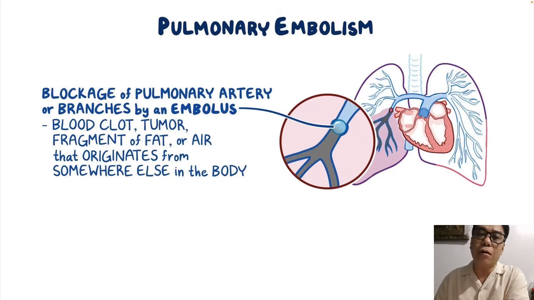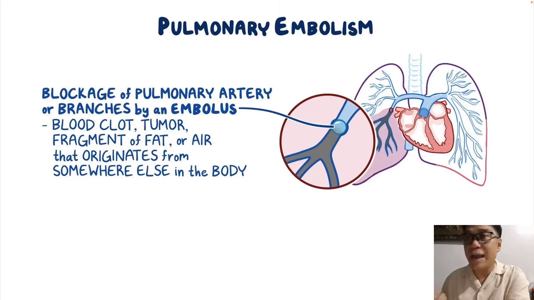In terms of body temperature, it could also be affected. Usually, if you have pulmonary embolism, it will result in hypothermia. Upon auscultation, there could be crackles, and the patient could experience shock later on.